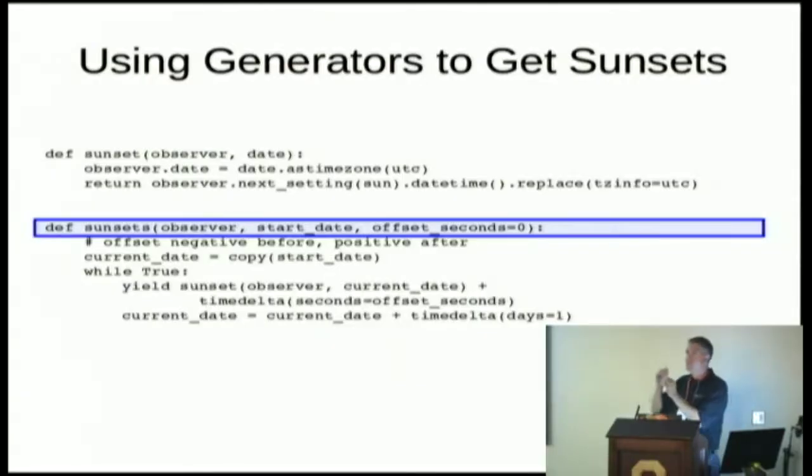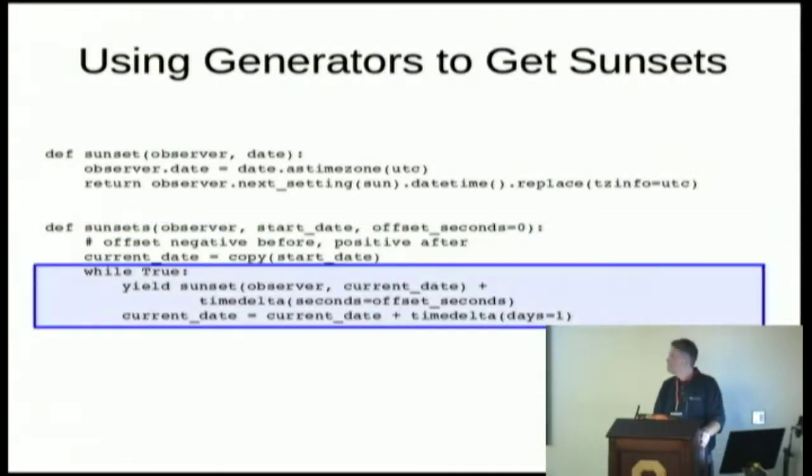So if I want to say, give me all the times 50 minutes before sunset, so the sun is up in the sky, and then give me the next day, 50 minutes before sunset, now I can make things synchronized to the sun. So there's where that is. It's just using yield.